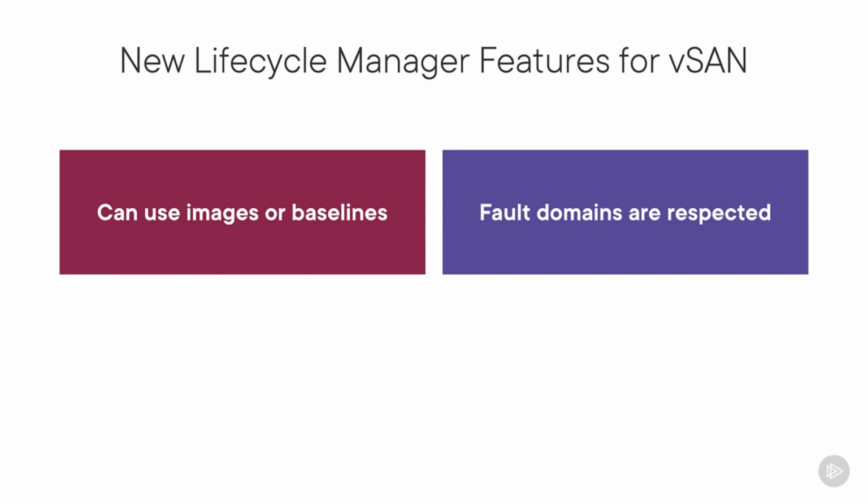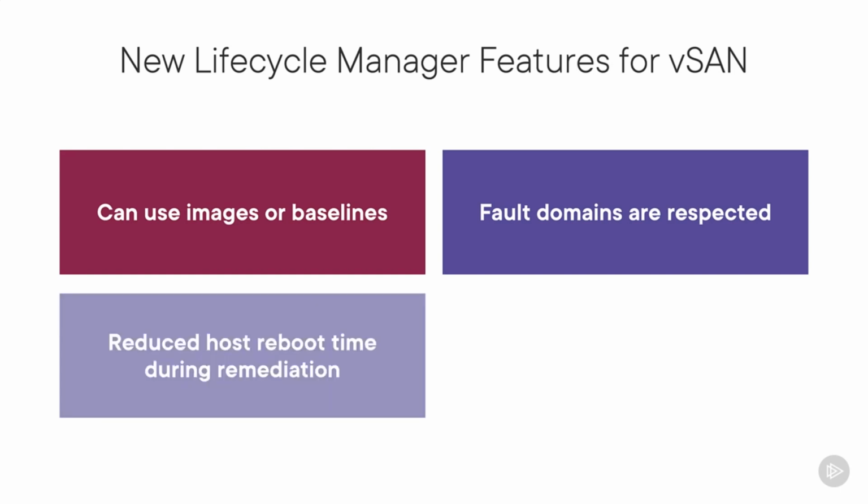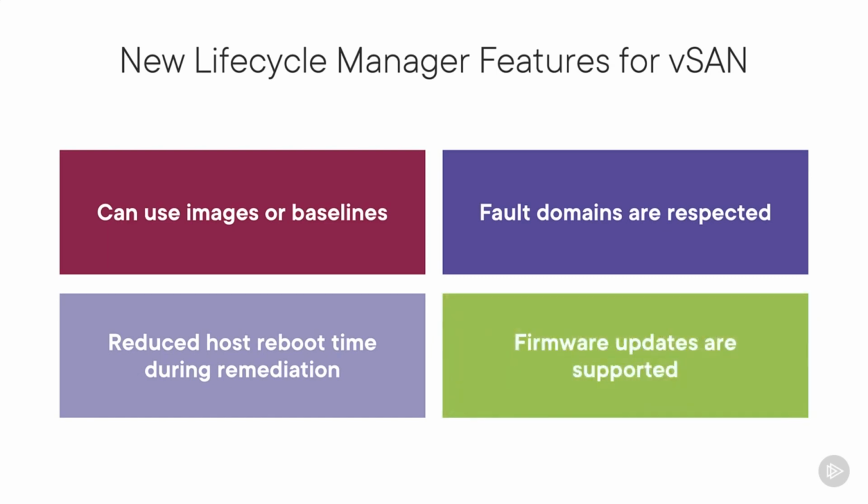And you can even define the order of the fault domains if you choose. In the past, hosts were updated in a cluster sequentially without any respect to fault domains. Also new in vSphere 7 is reduced host reboot time during remediation to get the host back up and running as quickly as possible.